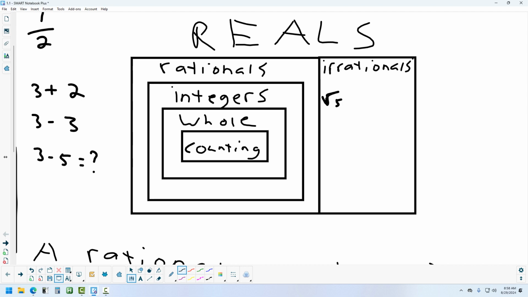If you're in Massachusetts, are you automatically in New England? Yeah. If you're in New England, are you automatically in Massachusetts? No, it doesn't work the other way. So if you're a whole number, you're automatically in the integers. But if you're an integer, it doesn't mean you're automatically in the whole number. And if you just think of it like places, that's how it works.